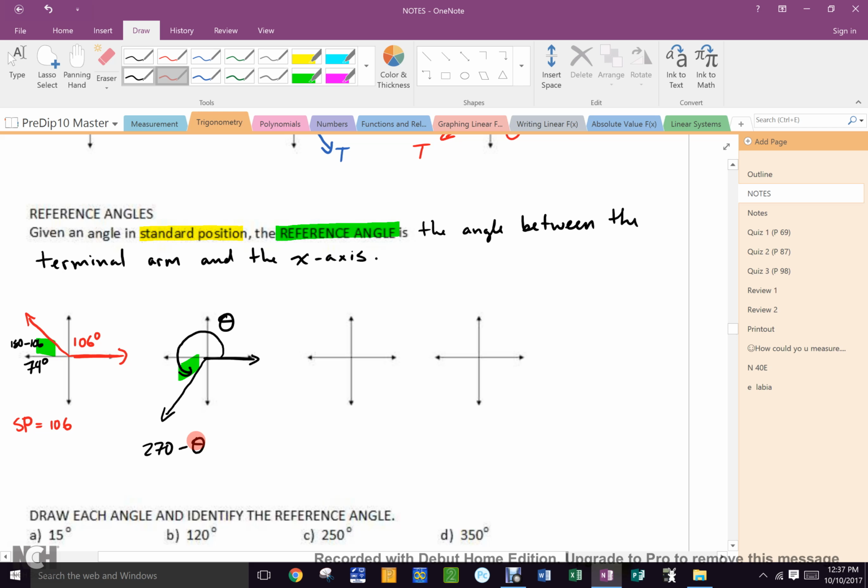No. Because, wait. Yes, it would. No? Because you had 270, so what minus theta would reduce the whole thing. We should do 180. You just need to reduce. 270 minus. What are you saying?